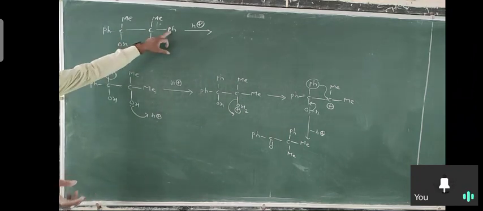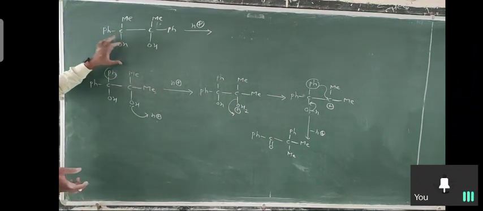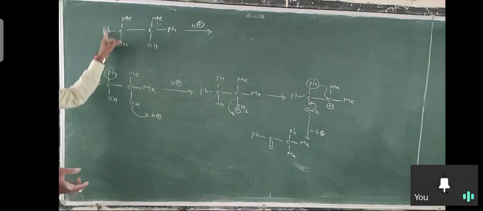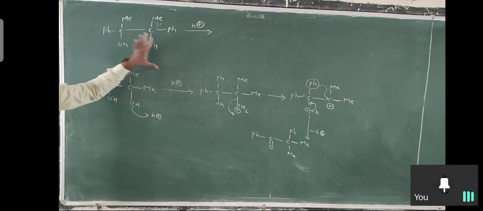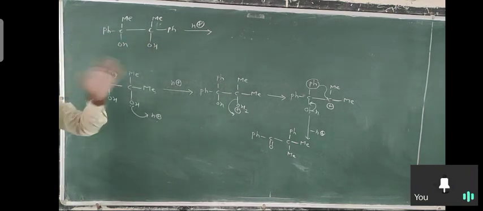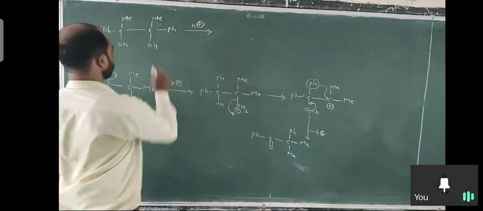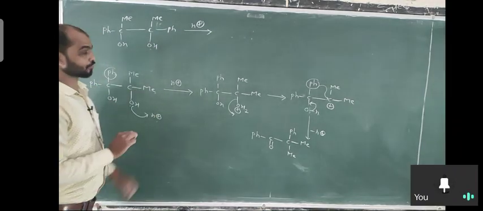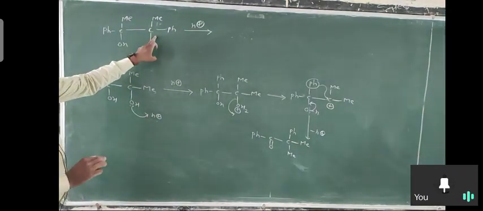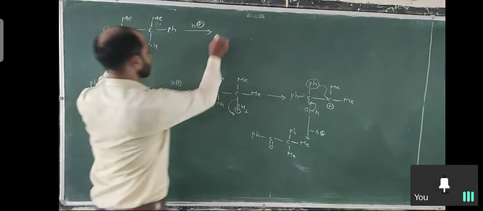You know phenyl group migrates over methyl. If you do the protonation here, this phenyl will migrate, but in both cases, whether you do the protonation here or here, phenyl is migrated. Suppose we do the protonation here, that means this phenyl is migrated here. What happened after that?